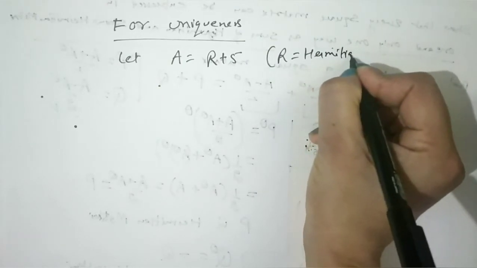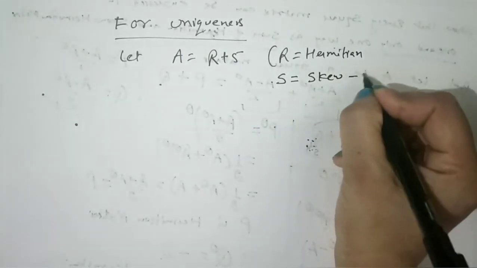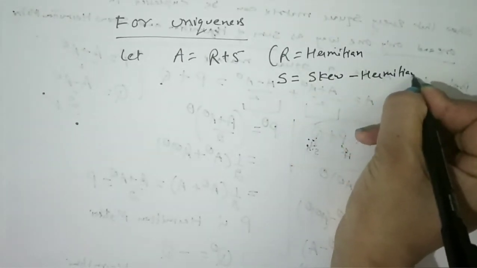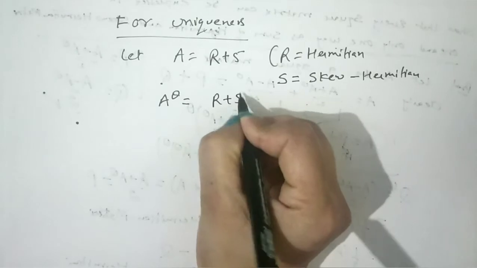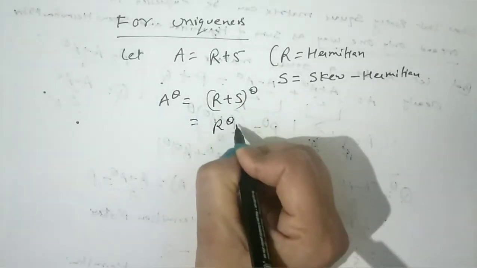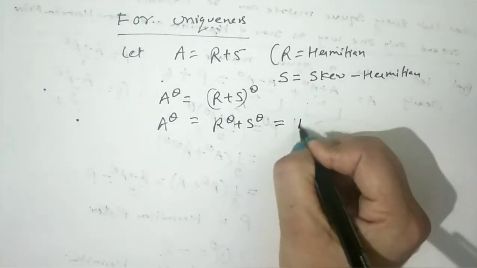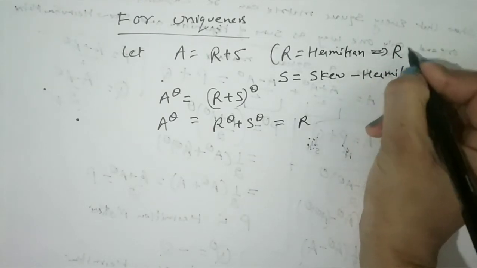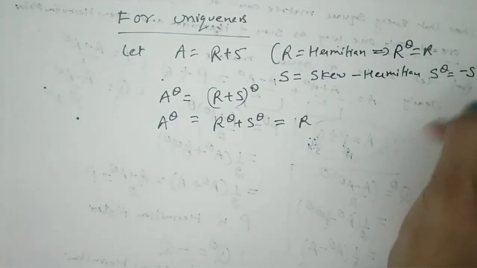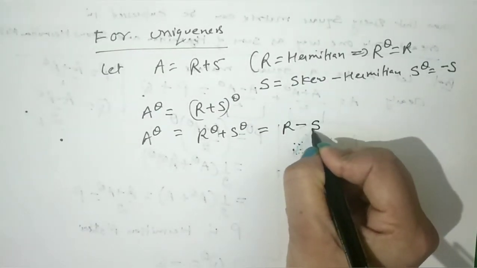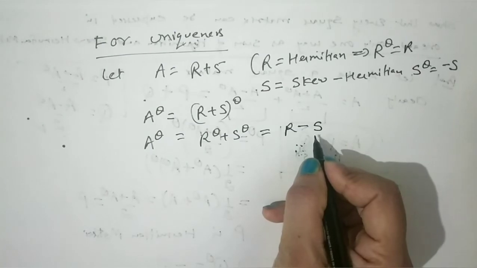We consider another way of expressing A as a sum of Hermitian and skew Hermitian. Now apply theta on both sides. We get R theta plus S theta, that is the property of theta. R theta is R because R is Hermitian, and S is skew Hermitian, which means S theta is minus S. So we put it here: R minus S.